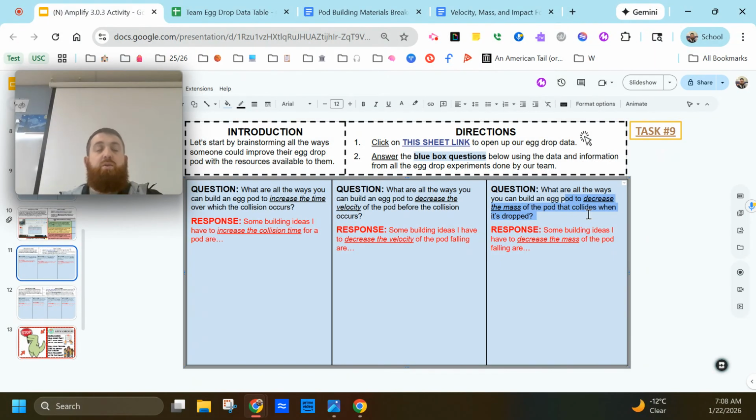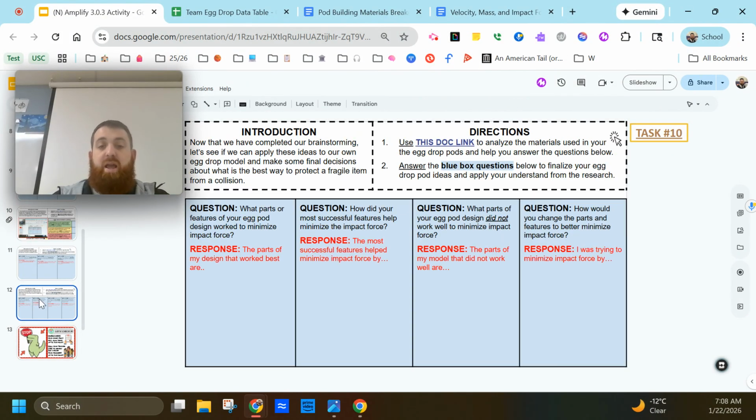So our job was to look through all the successful and unsuccessful pods and find all the ways that our fellow classmates, along with ourselves, looked to do those 3 things. In other words, look to affect impact force. From there, we're then going to analyze the materials, and we're going to figure out what works best and what doesn't work best.